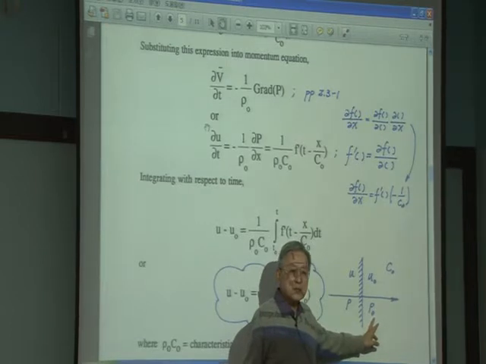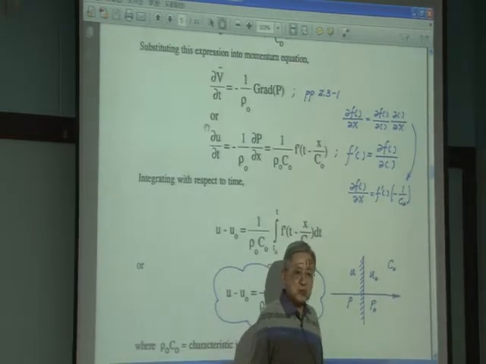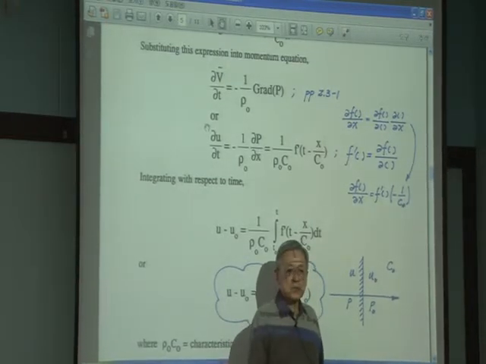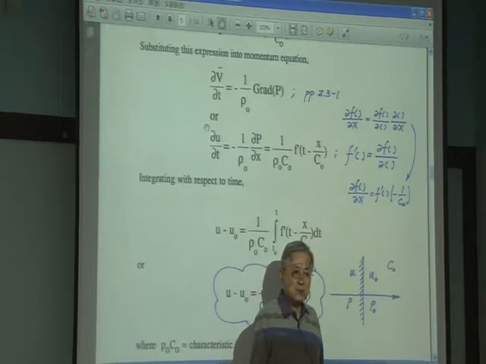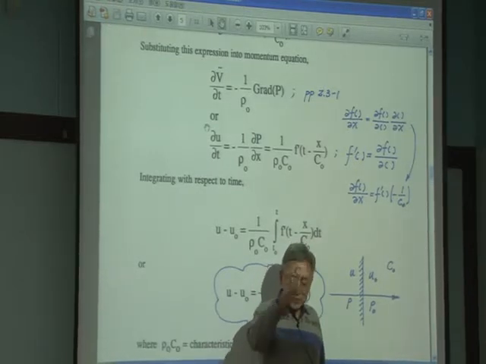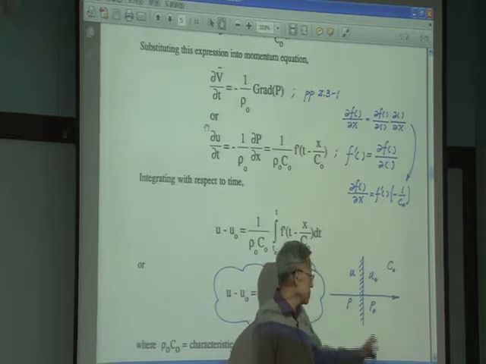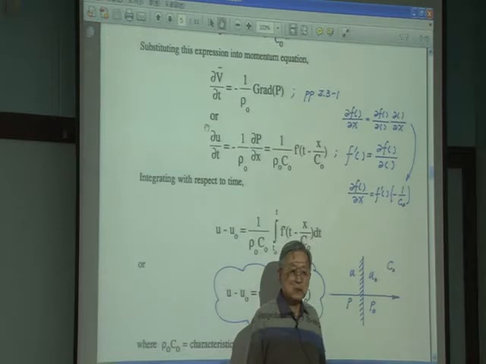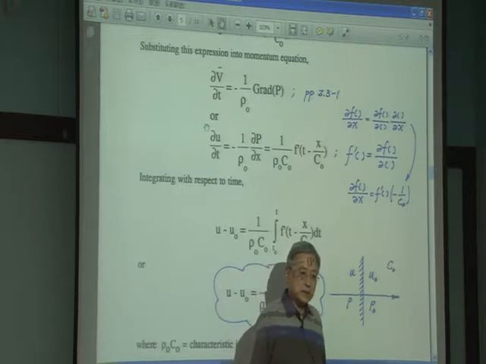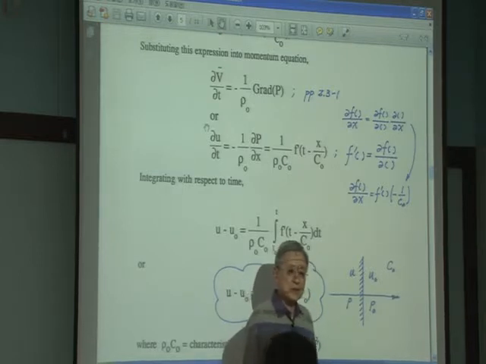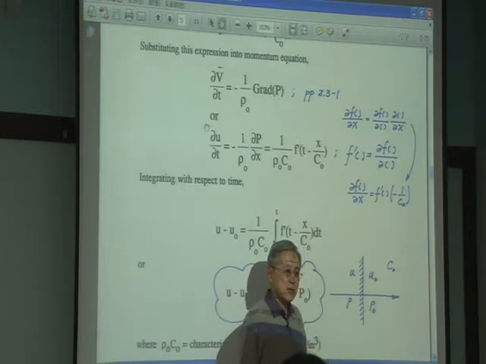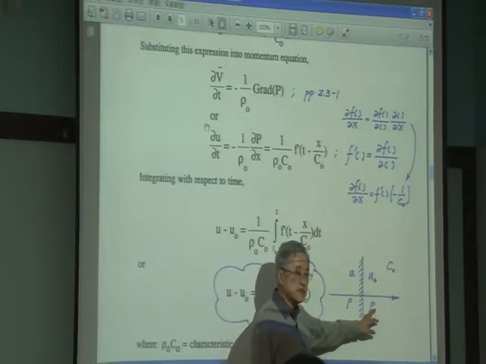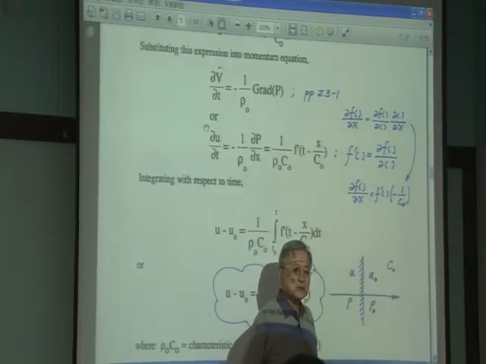And P naught you can set equal to 0, depending on the depth of the water. If it's going deeper, then the pressure is not equal to 0. It can be 2 bar, 1 bar, 3 bar, whatsoever. So I'm going to set this P naught equal to 0.